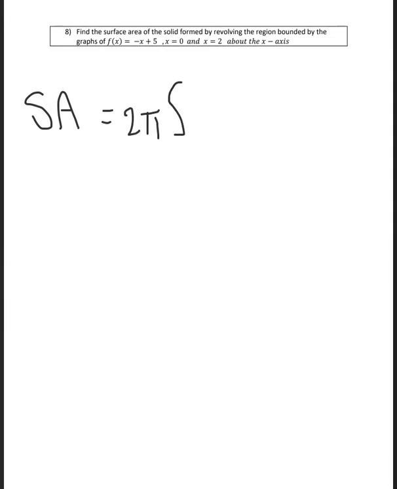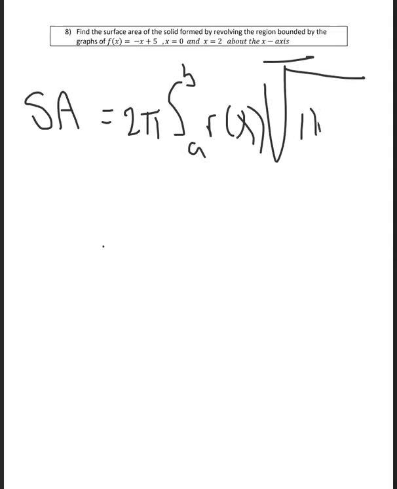You keep the integral from a to b. You add something called r of x, or it can be r of y if you're dealing with a y-axis rotation. So r of x for this one, since it's about the x-axis, times the square root of 1 plus f prime of x squared dx. I ran out of space, but you guys get it. It's essentially the same thing as the arc length.